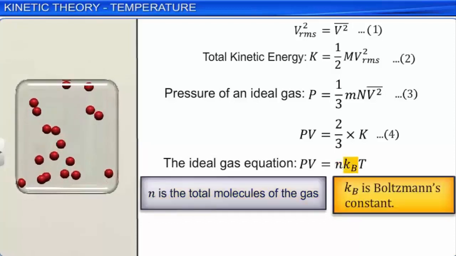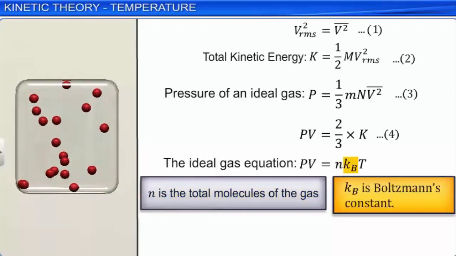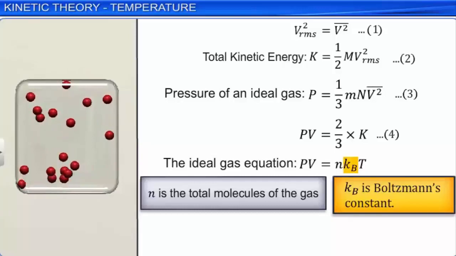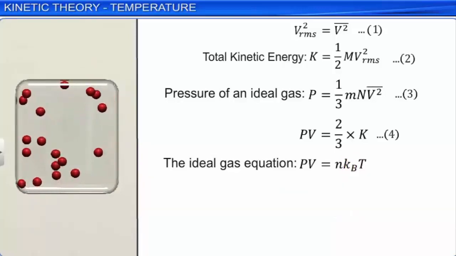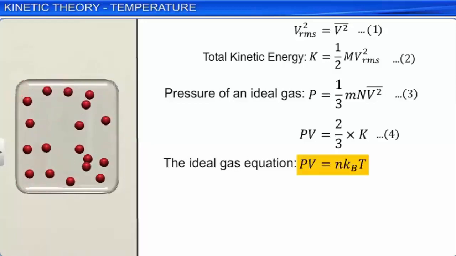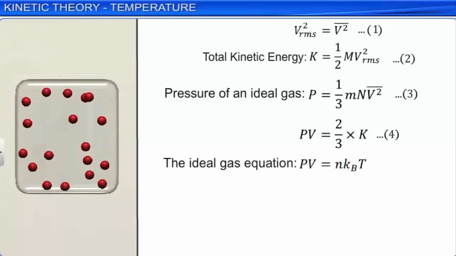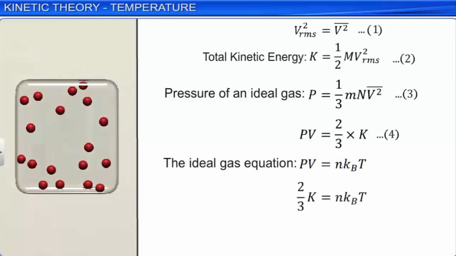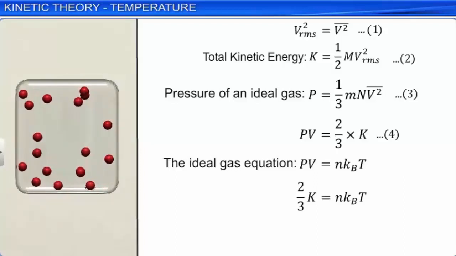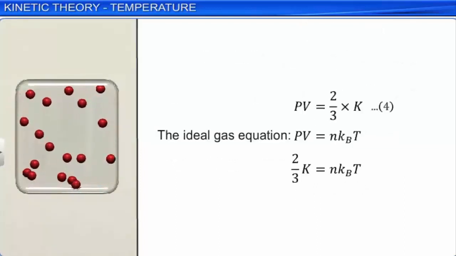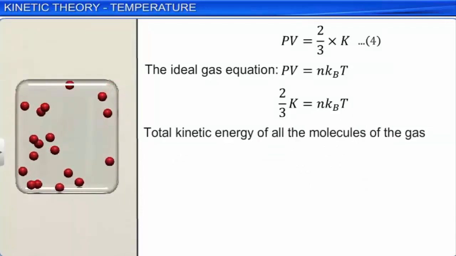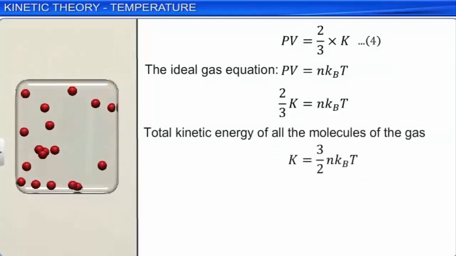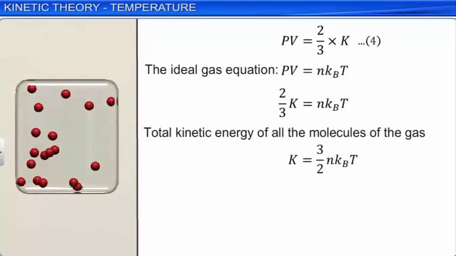By comparing the ideal gas equation with equation 4 and rewriting the equation as 2 by 3 K is equal to N k_B T, we get the total kinetic energy of all the molecules of the gas as K is equal to 3 by 2 N k_B T. The average kinetic energy of a molecule is K by N is equal to 3 by 2 k_B T.